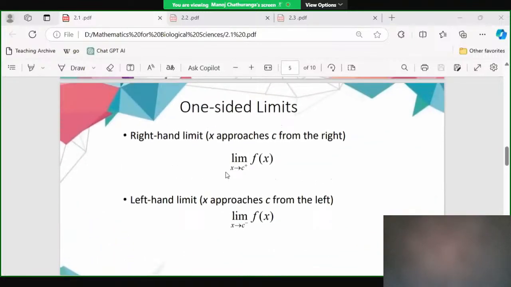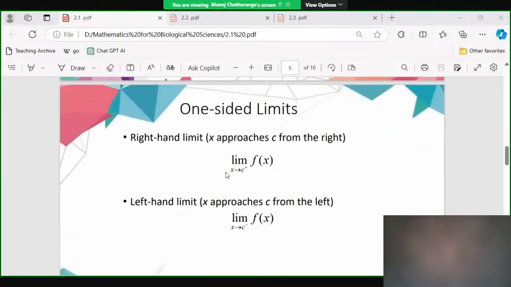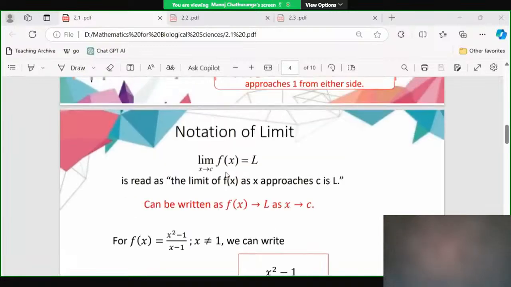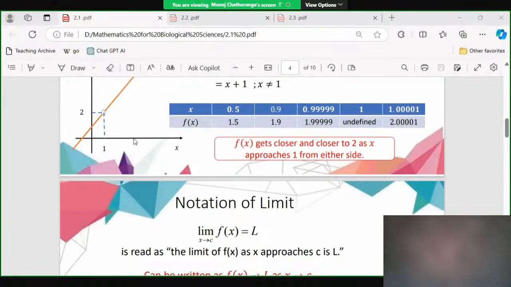So in general, you can talk about one-sided limits. Remember, we talked about the ways of approaching 1. You could approach 1 from the left-hand side, or you could approach 1 from the right-hand side. So here, if you approach 1 from the right-hand side, you are sort of climbing down and reach 2.